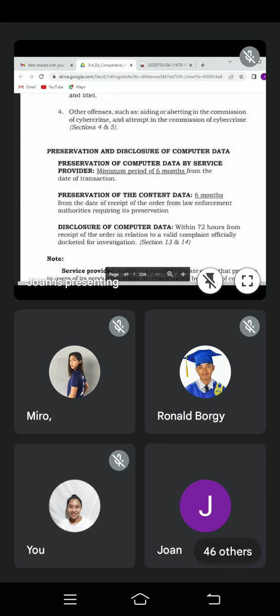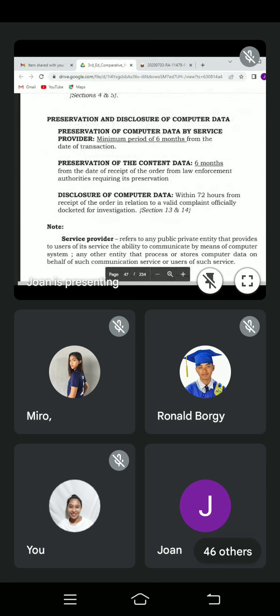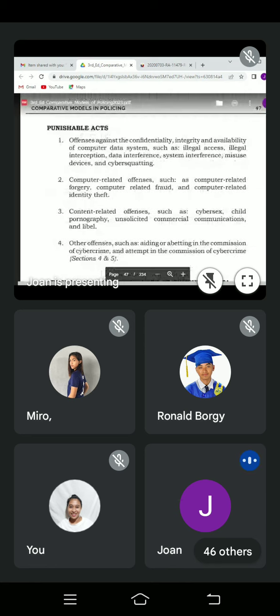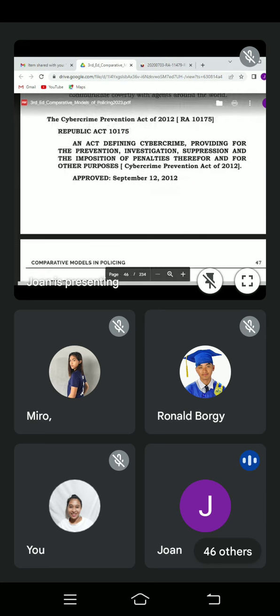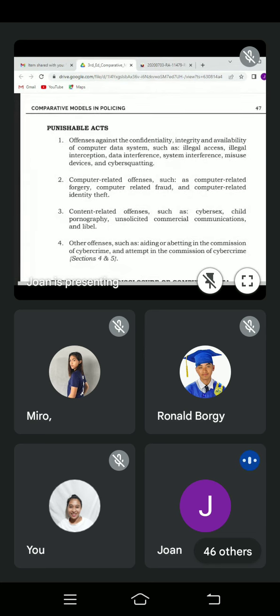Okay, punishable acts. What are the punishable acts under our law, RA 10175? Number one is offenses against the confidentiality, integrity, and availability of computer data systems, such as illegal access, illegal interception, data interference, system interference, misuse of devices, and cyber squatting.